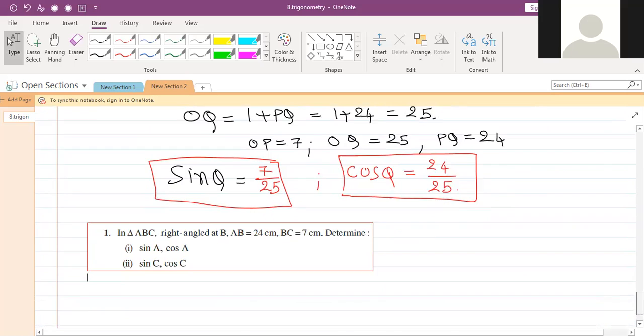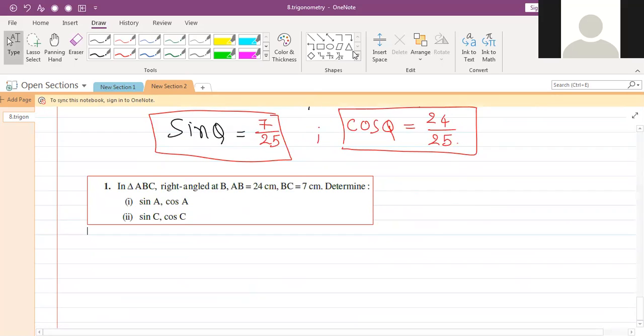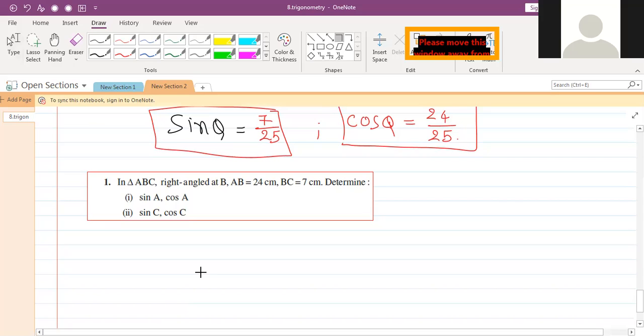Okay, in this one, triangle ABC is given and angle B is a right angle. AB and BC are given.